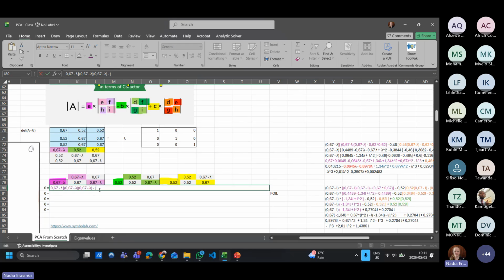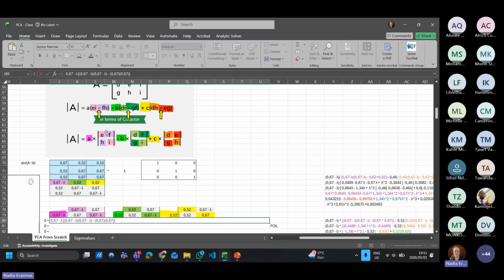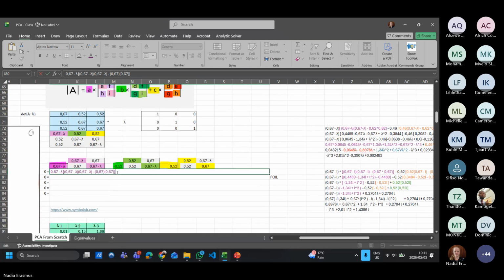In this case, it's 0.67 multiplied by 0.67. Okay, so where did I get this? This is this part. So this is the E times I minus the F times H. So this is how you get the determinant of a matrix. Okay, so that is our first values. So this is just our first section.